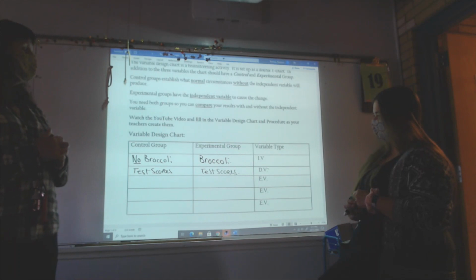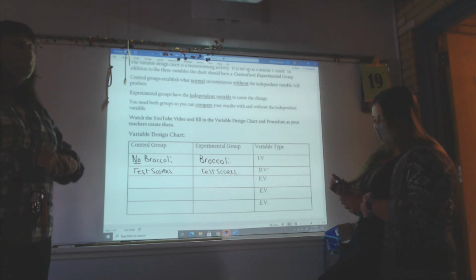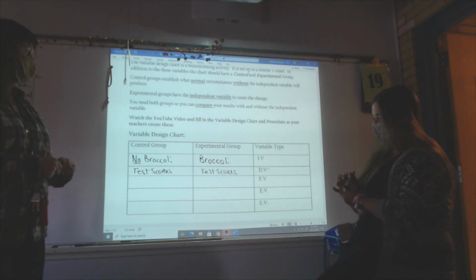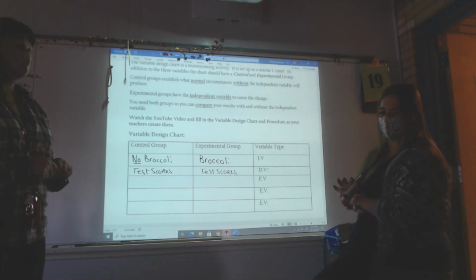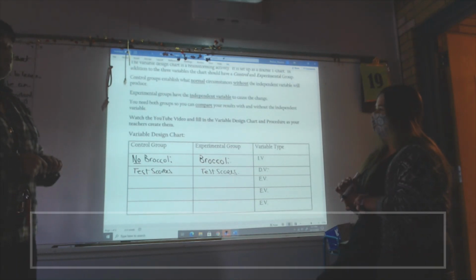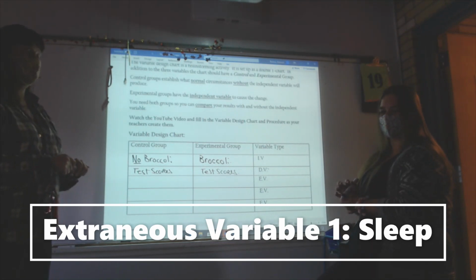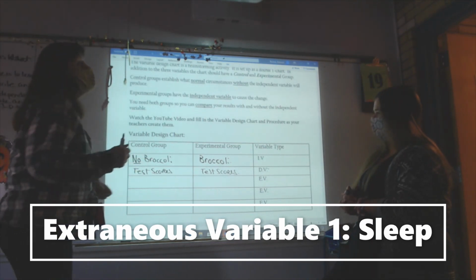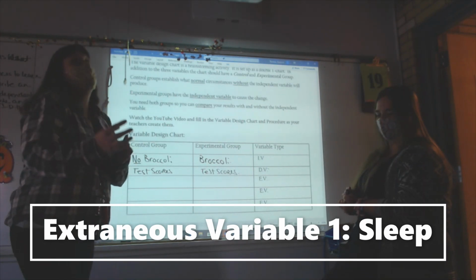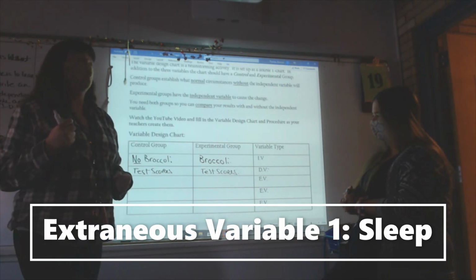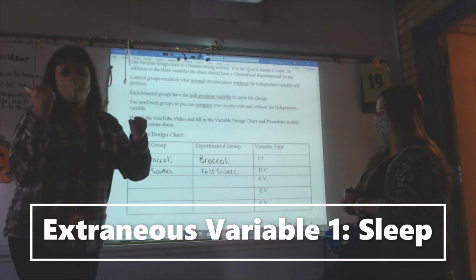So Ms. O'Leary, do you have any ideas of something that could change your test score? As I tell my kids, getting a good night's sleep before a test is essential to scoring well. So I want to make sure that my control group and my experimental group get the same amount of sleep. Okay, so how much sleep would you like to get the night before your test? Let's go with 9 hours. 9 hours seems like a great amount of sleep.